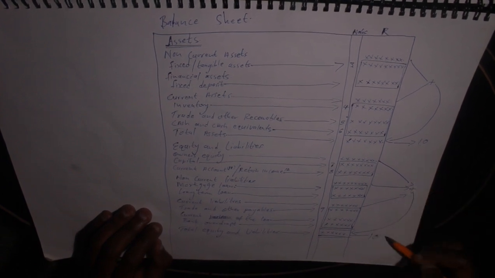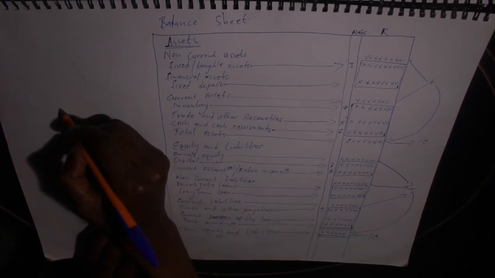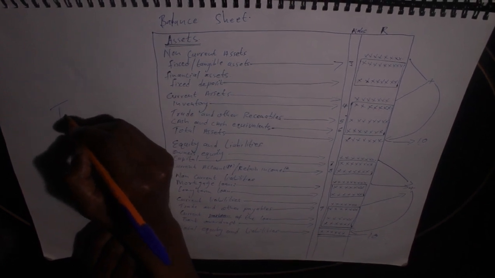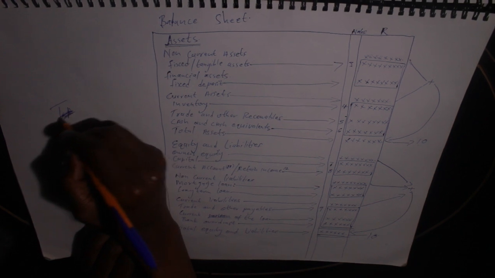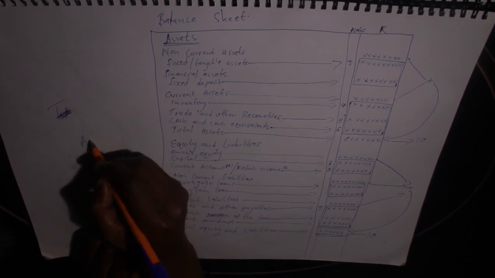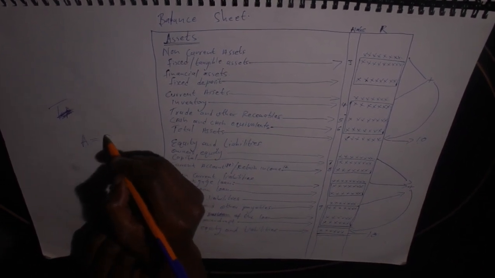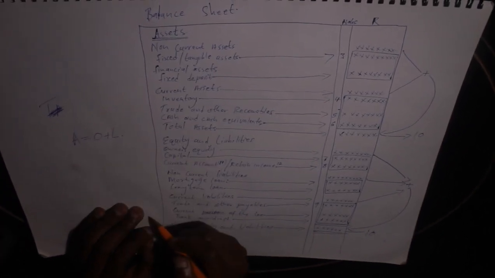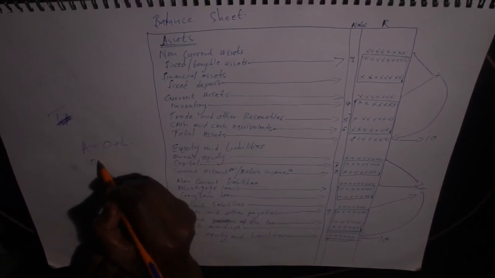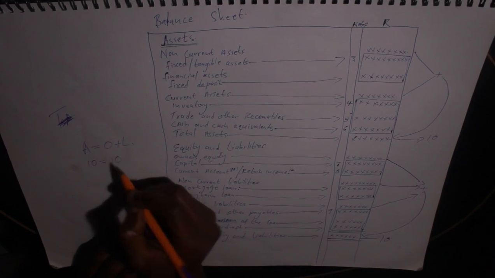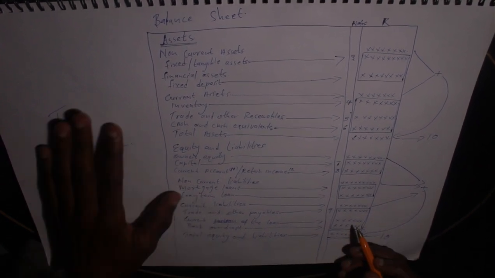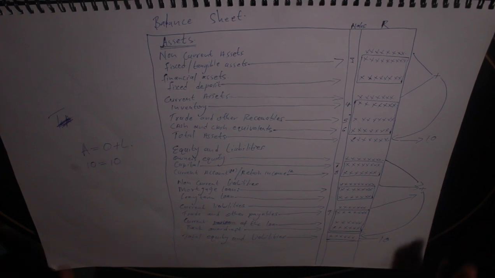Because according to our accounting equation, total assets is equal to owner's equity plus liabilities, which means if we have 10 here, we're also going to have 10 here when you combine your owner's equity plus liabilities, and then your balance sheet is balancing.